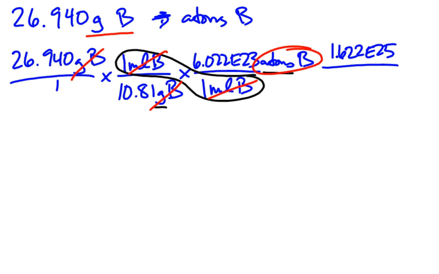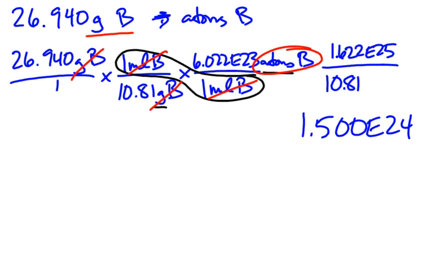And I'm going to divide that by 10.81. If I take 1.622 times 10 to the 25th and divide that by 10.81, my answer with 4 sig figs is going to be 1.500 e to the 24th atoms of boron.